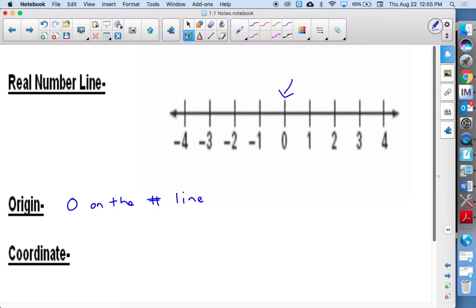Where else would you find the word origin? Like what else has an origin in that? Yeah, the graph. Yeah, plot, the graph. So it always starts at the origin in the middle as well.